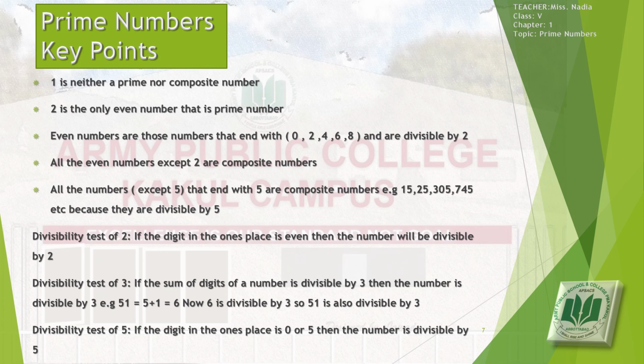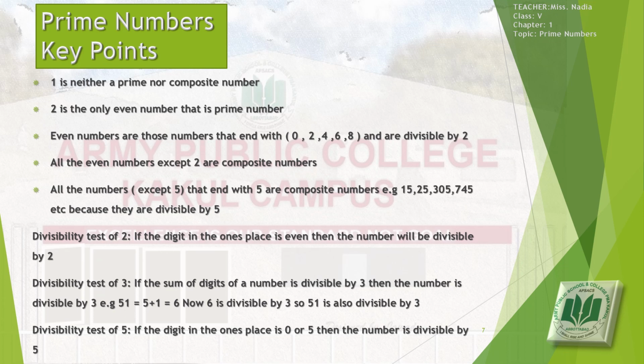If the sum of digits of a number is divisible by 3, then the whole number is divisible by 3. For example, 51. The digits of 51 are 5 and 1. Now add 5 and 1. Their sum is 6. 6 is divisible by 3, so 51 is also divisible by 3.